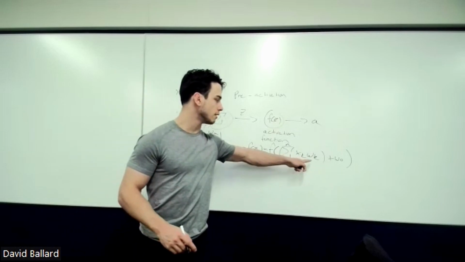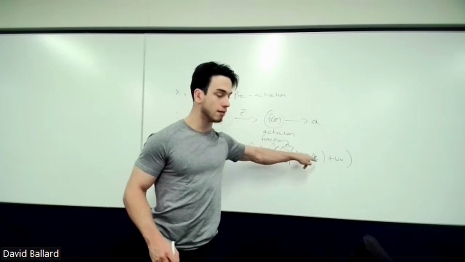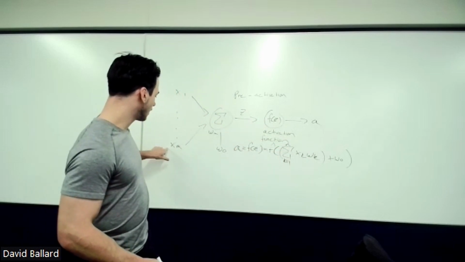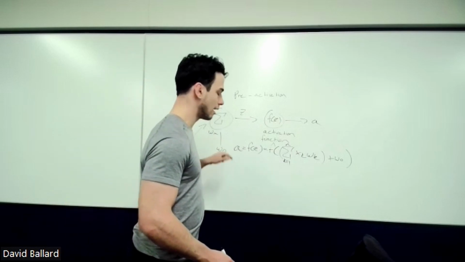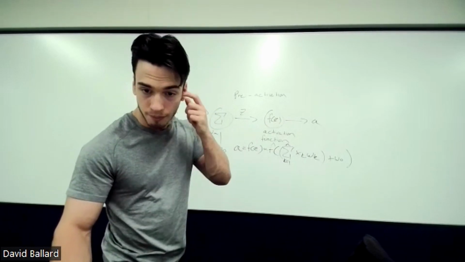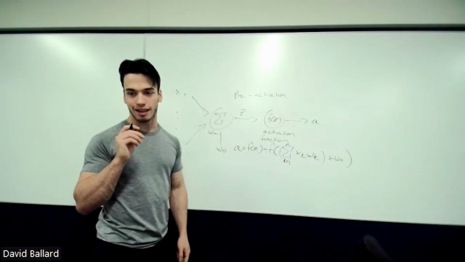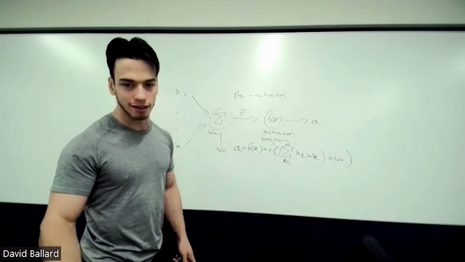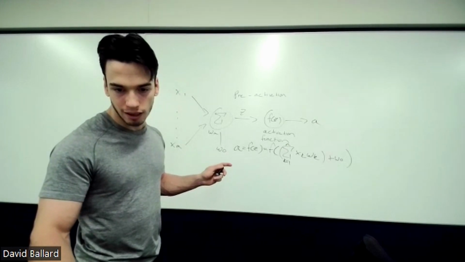So you have your input and your weights. It's the dot product between your input and your weight vector. So we have an m input, x is an m by 1 vector, and w is n by 1.